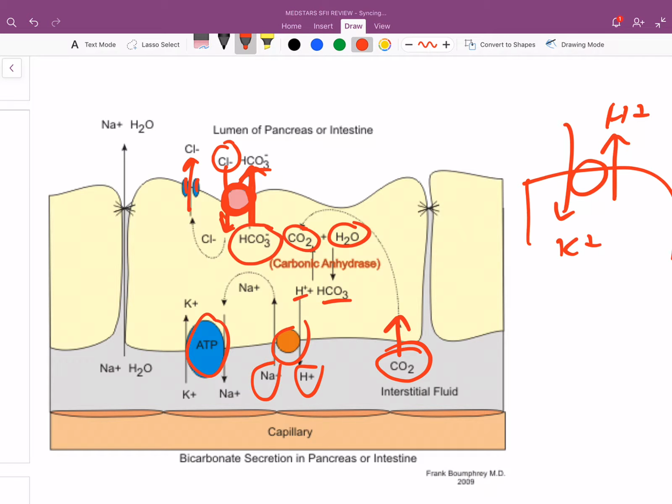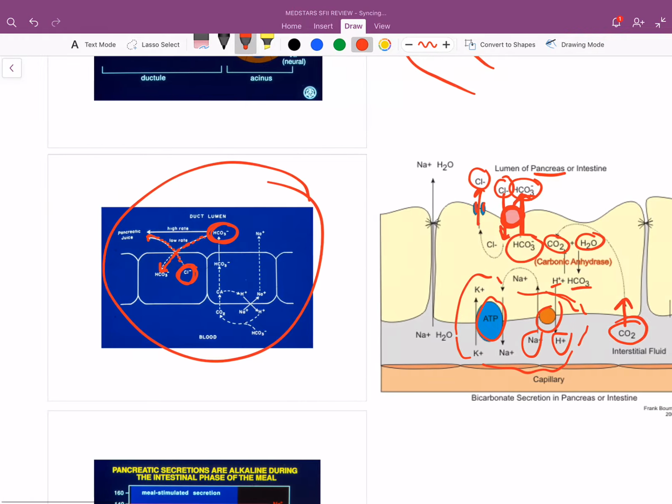You have this guy over here. This is where the money is. All of this is telling you that potassium and sodium are always being excreted and reabsorbed, so their concentration really doesn't matter. The money is with the chloride concentration and the bicarb concentration with respect to the pancreatic juice. And what do I mean by that?